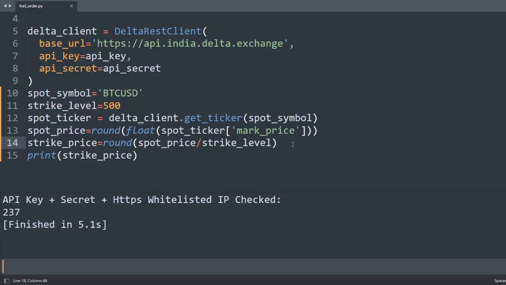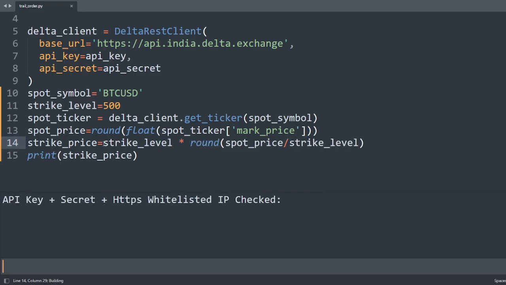The strike price which I'm getting from the spot price takes something else. If I multiply the price by strike underscore level and see what I get, we just got the rounded-up value.